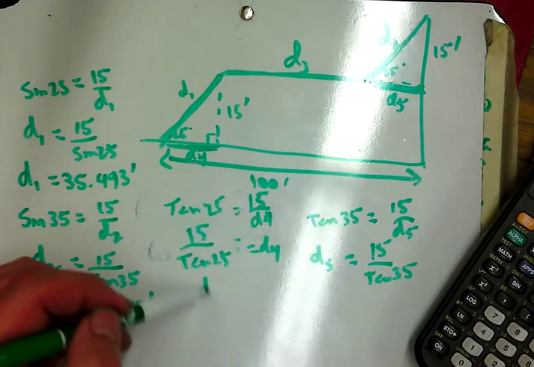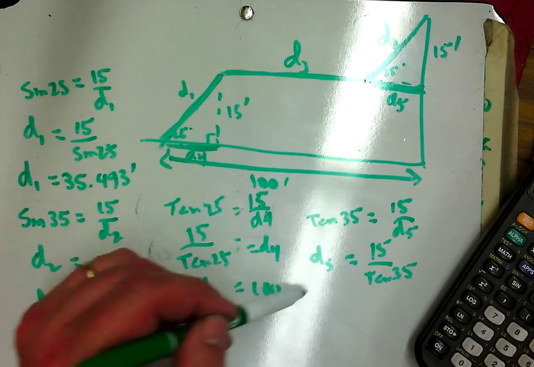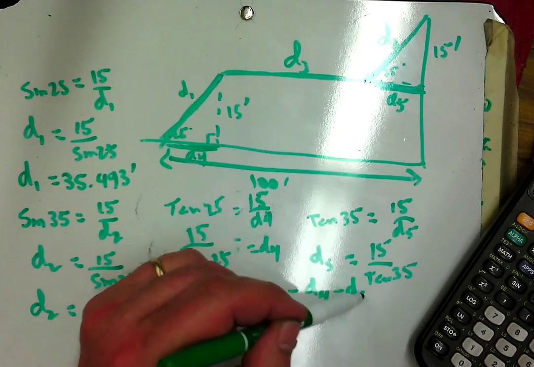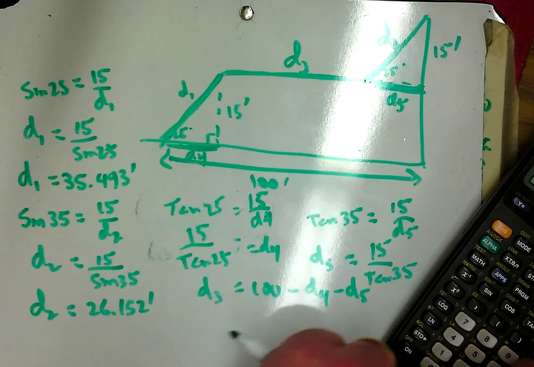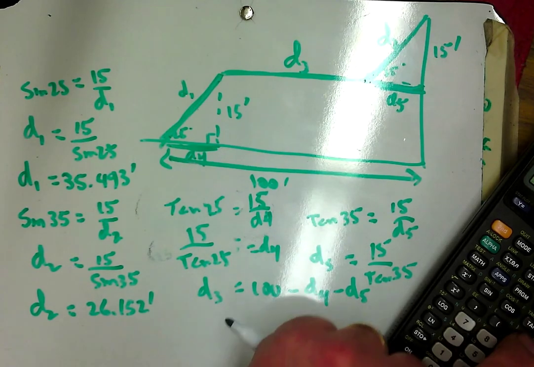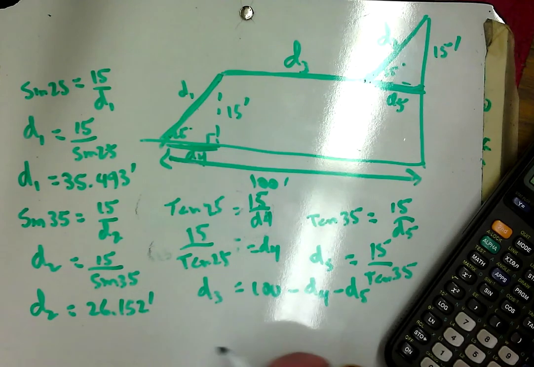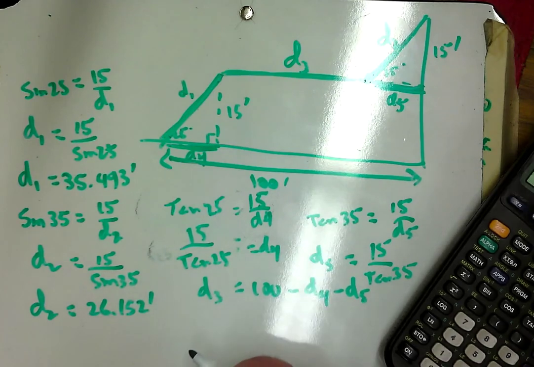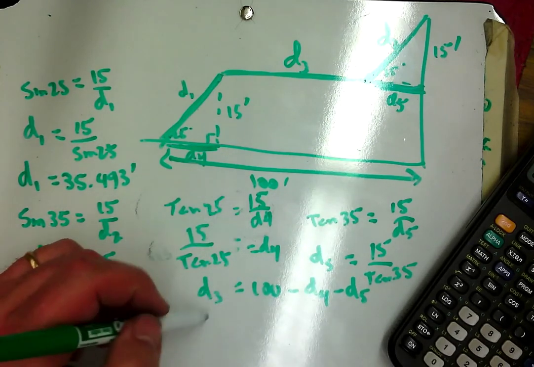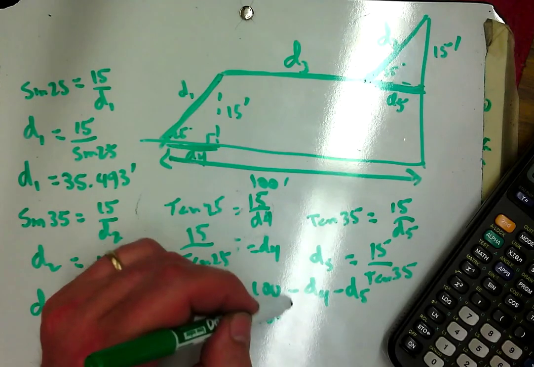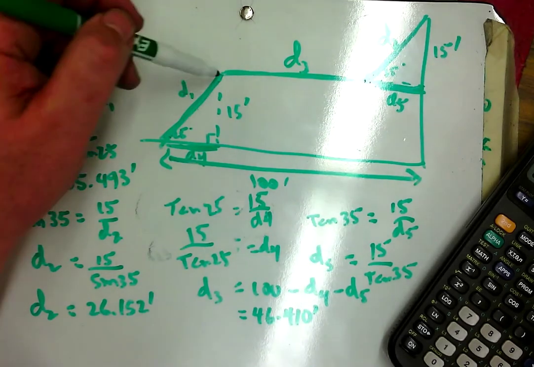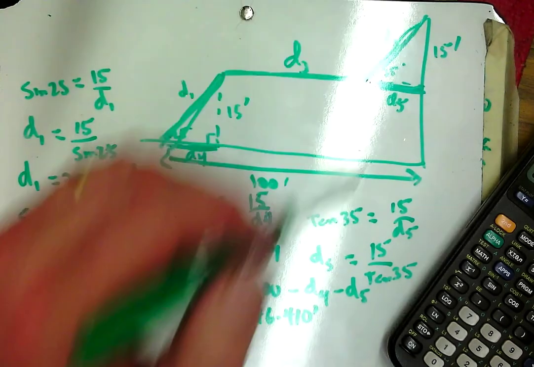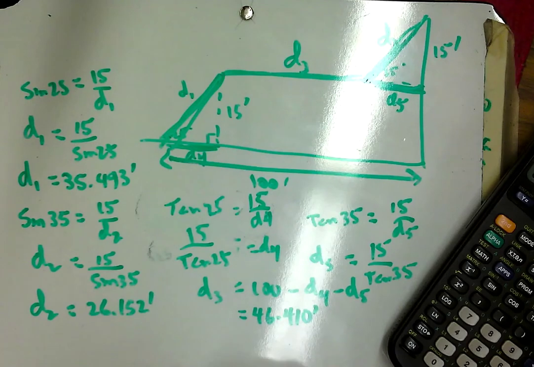So D3 is 100 minus D4 minus D5. So 100 minus 15 divided by tan 25, don't forget to close that parentheses, minus 15 divided by tan 35, don't forget to close that parentheses. And we get that D3 is 46.410 feet.